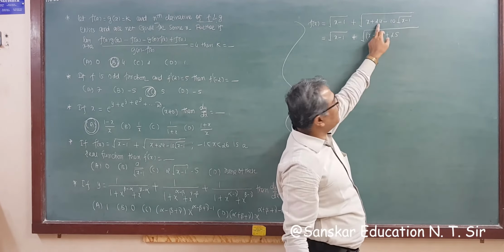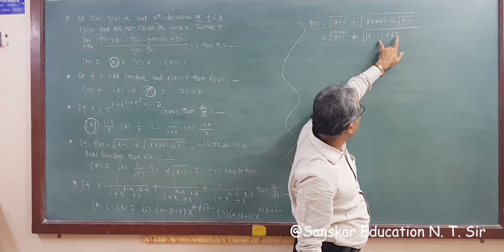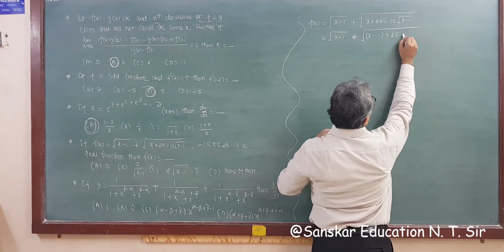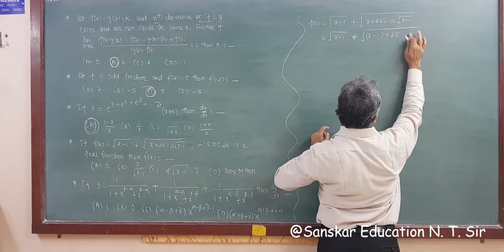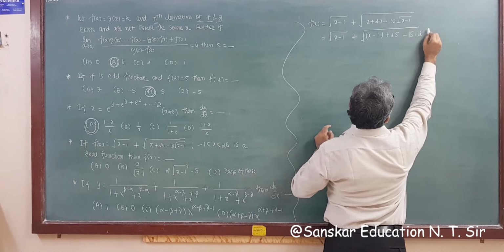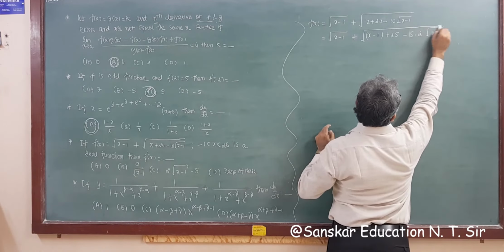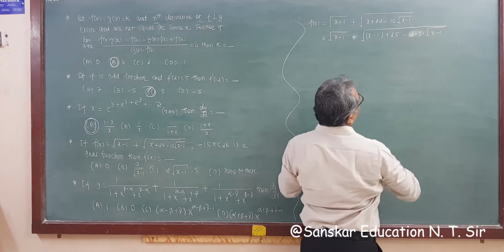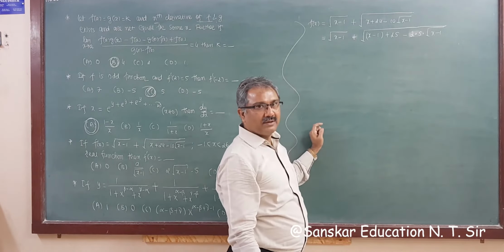So this 24 can be split as 25 minus 1, that is 24, right? And then this is minus 5 into 2 times under root x minus 1. Or you can write it like this, 2 into 5 into root x minus 1, right?